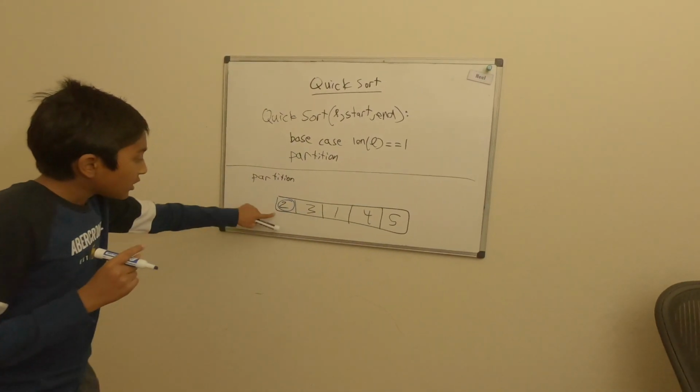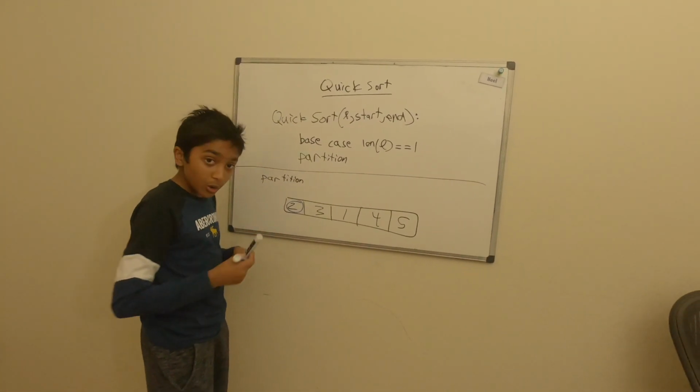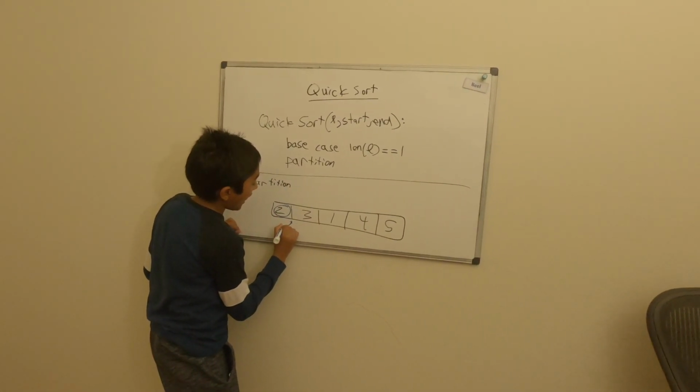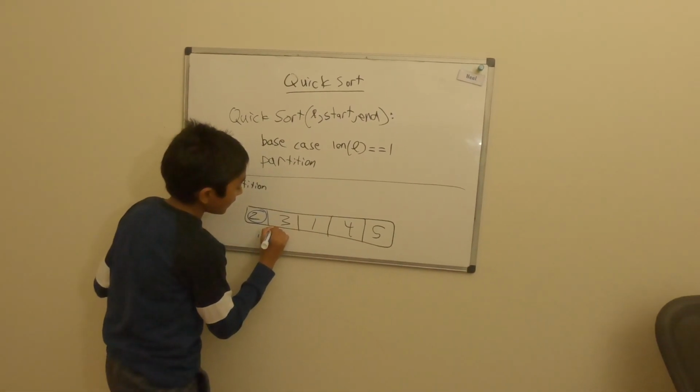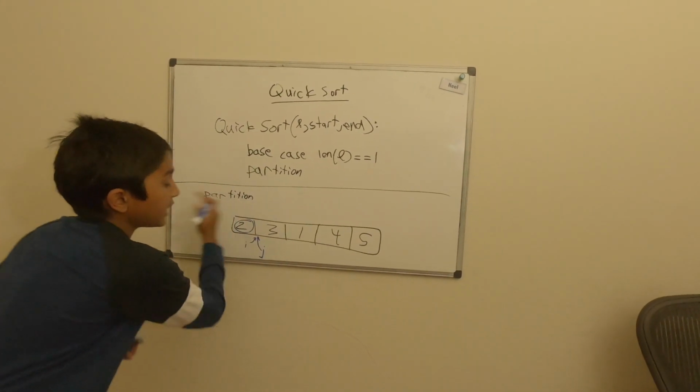So you take this and what you do is that you have two variables: there's I and then there's J. Both of them start here.